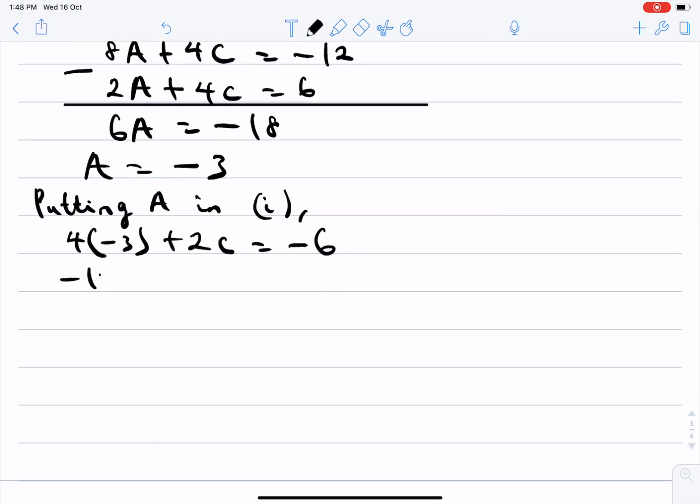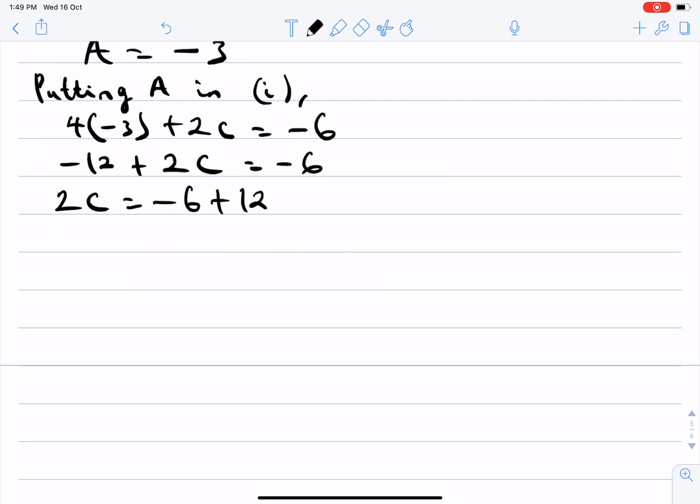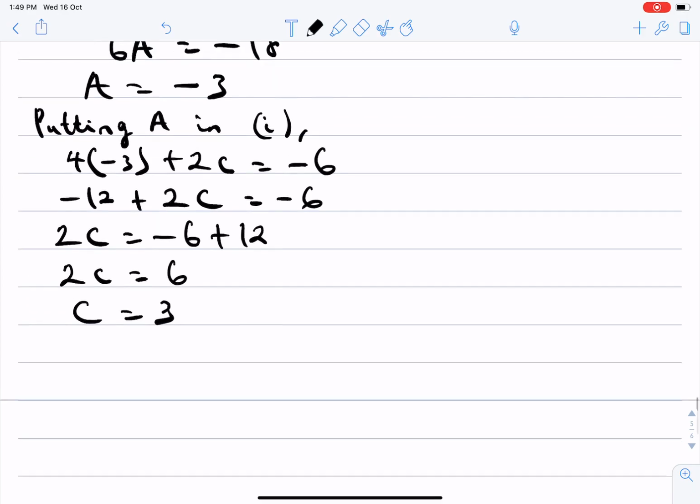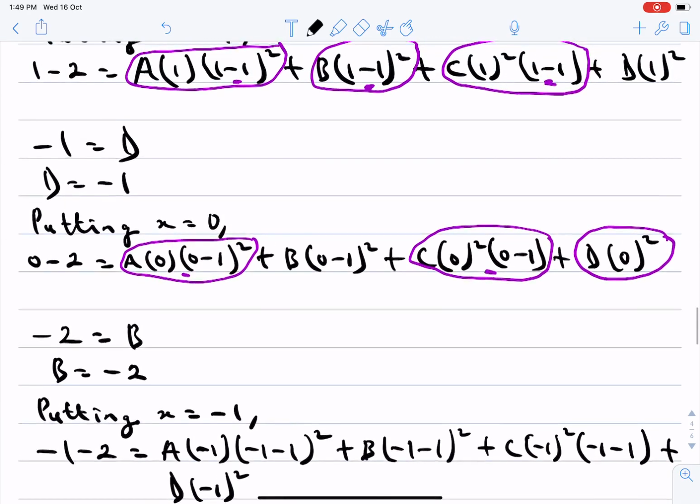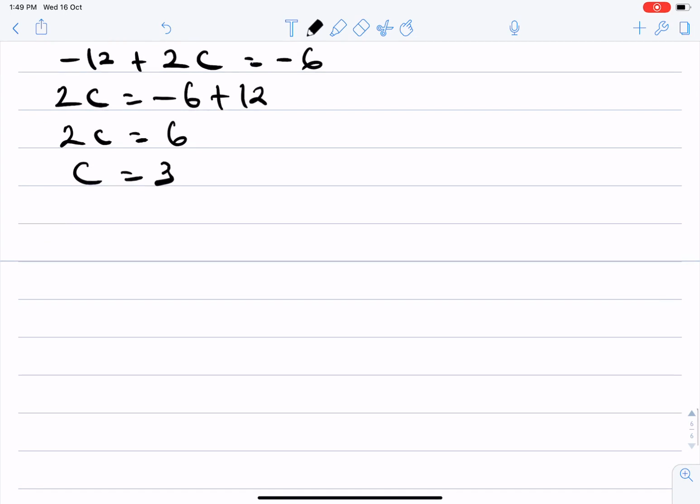That means minus 12 plus 2c equals minus 6, which means 2c equals minus 6 plus 12. And that means 2c equals 6, which means c is equal to 3. So we have a, we have c, we have b and d. Then we are done.